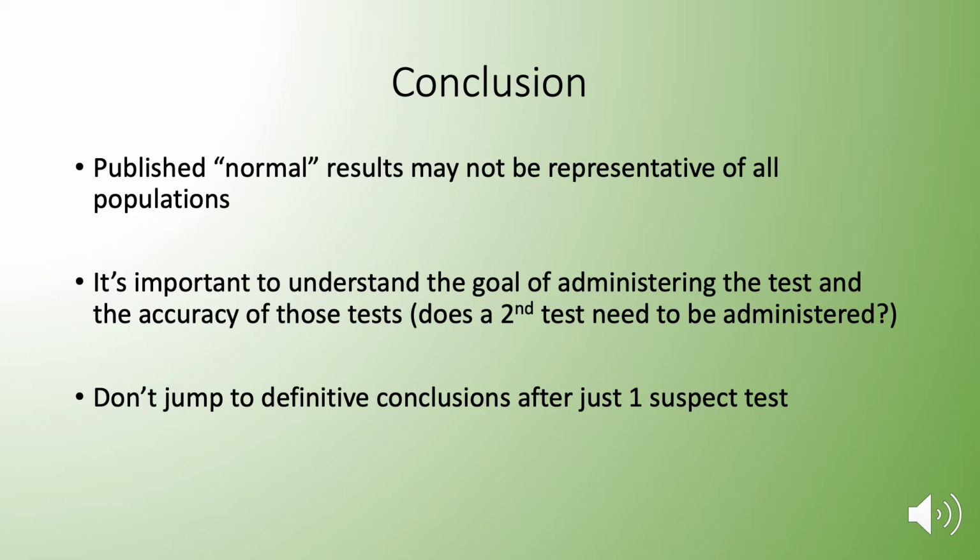Finally, in conclusion, we need to remember a few things. Published normal results may not be representative of all populations, so our patient may not fall into the population which was studied. Therefore, we need to understand that our patient's normal might not be the same. It's important to understand the goal of administering the test and the accuracy of those tests.